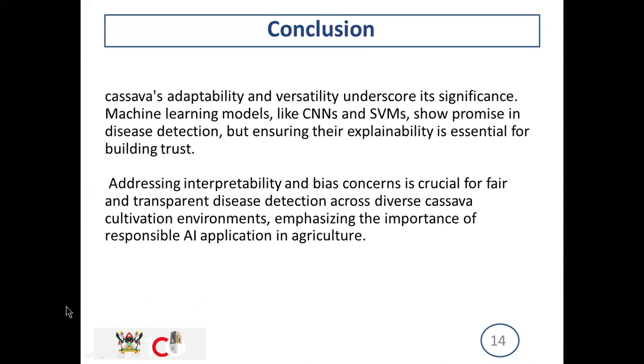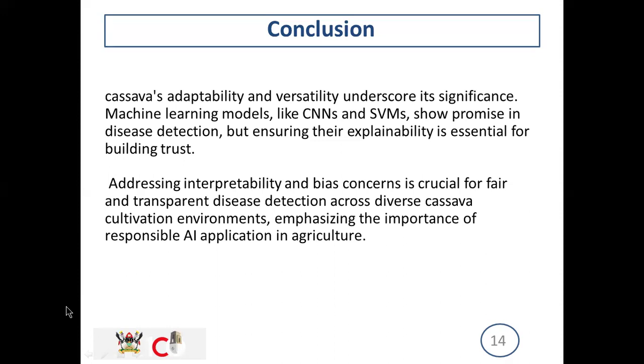These models can easily detect the disease, but ensuring explainability will build trust with the users. That's why we are doing explainability. Addressing interpretability and bias concerns is crucial for fair and transparent disease detection across diverse cassava cultivation environments, emphasizing the importance of responsible AI application in agriculture.